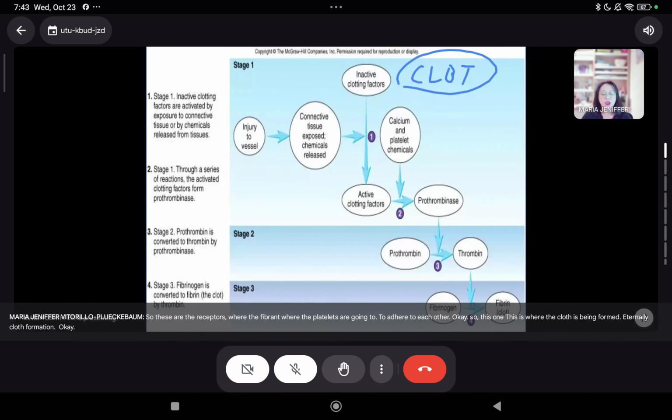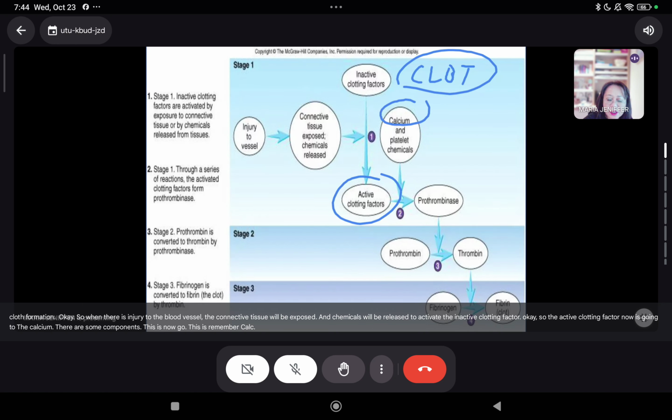When there is injury to the blood vessel, the connective tissue will be exposed and chemicals will be released to activate the inactive clotting factors. Remember calcium here.